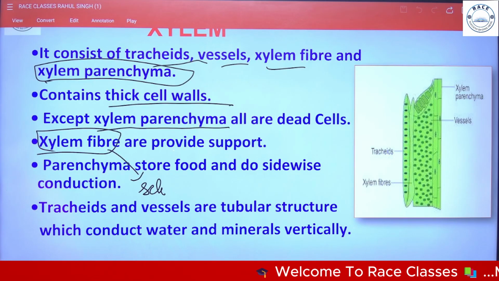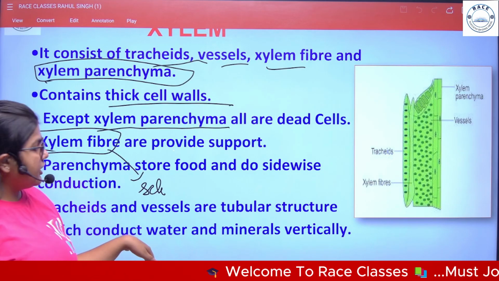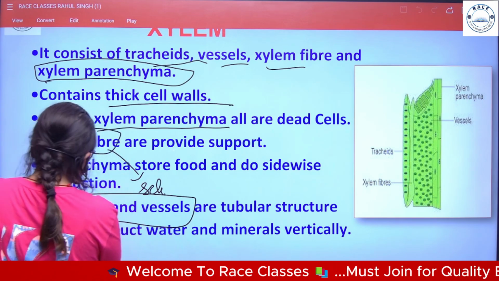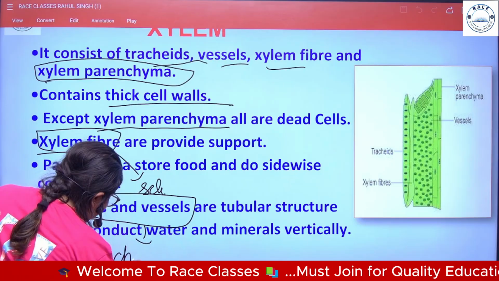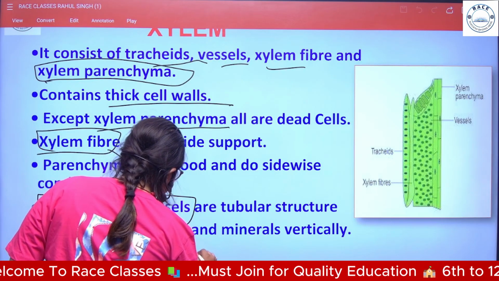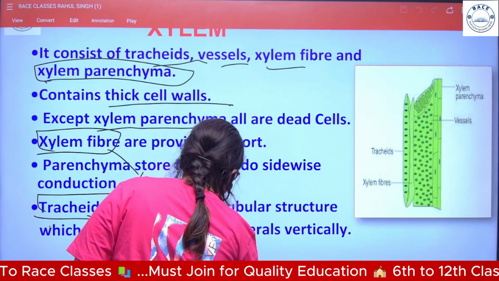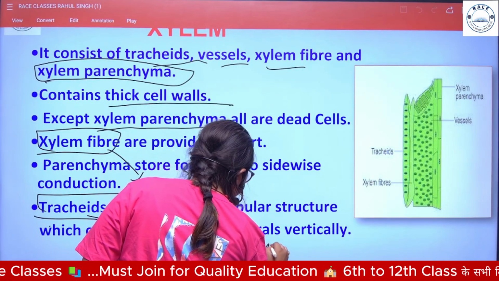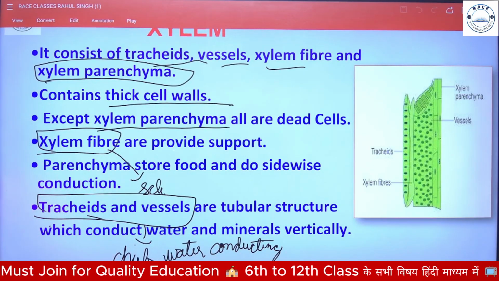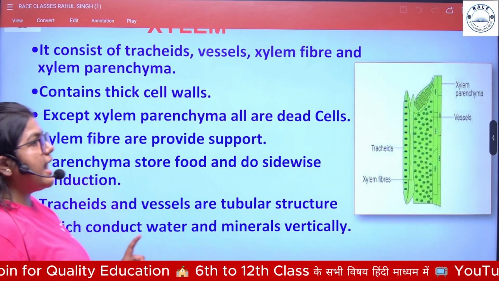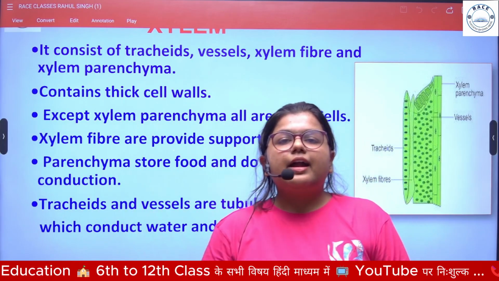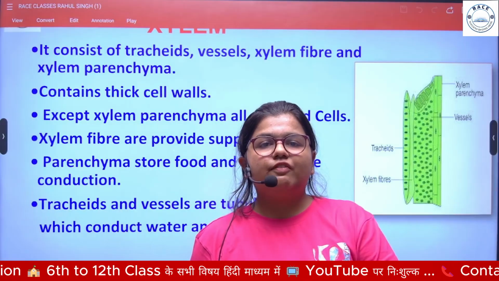Parenchyma stores food and does sidewise conduction, and the tracheids and vessels are the chief water conducting elements of the xylem. And the xylem always conducts water vertically. It is also known as unidirectional flow of water.